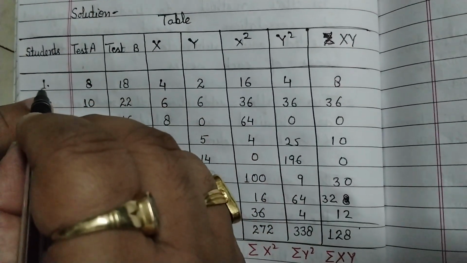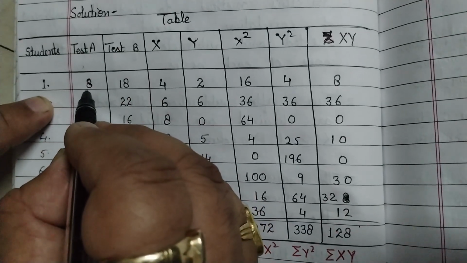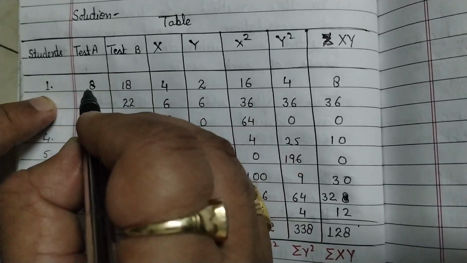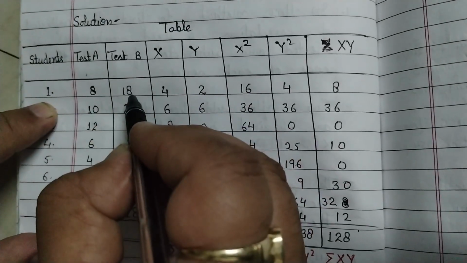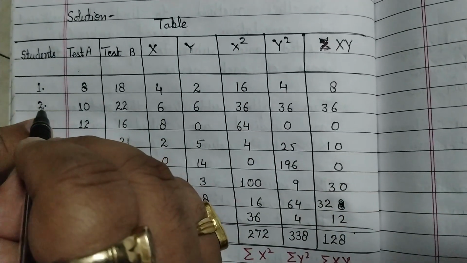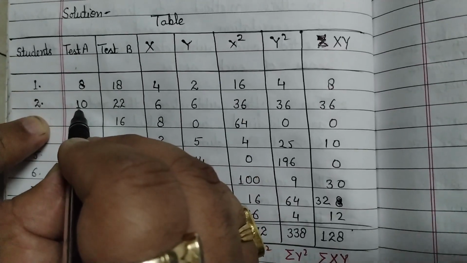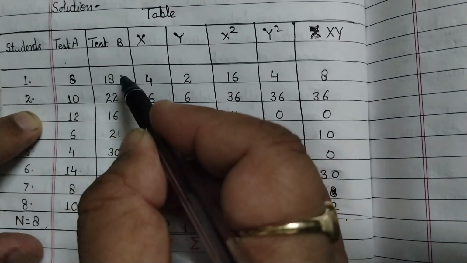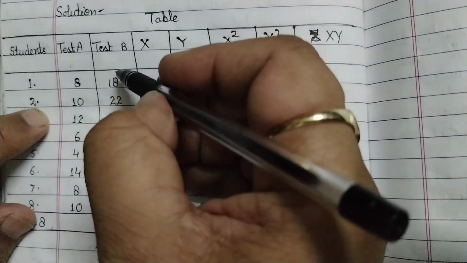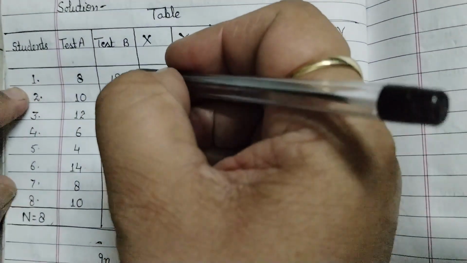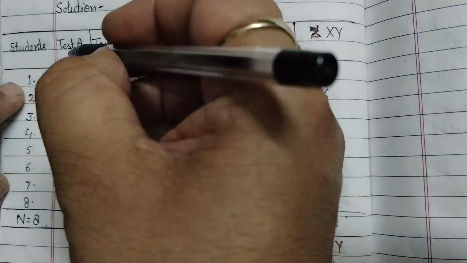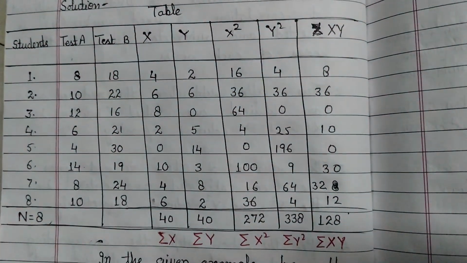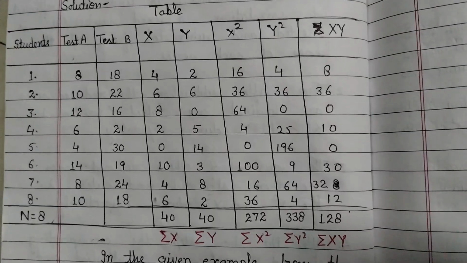Student 1 has scored 8 in test A and 18 in test B, so poor in A but good in test B. Similarly, student 2 performed poorly in test A and performed well in test B with 22. So from the data it is very clear that in test B the students are doing well, while in test A the students are not doing well. So that's why the negative correlation is obtained.